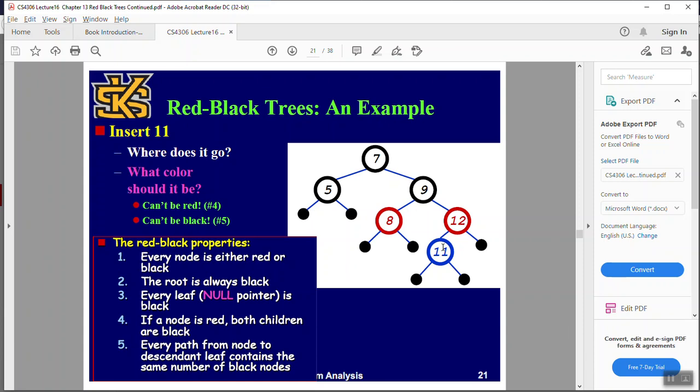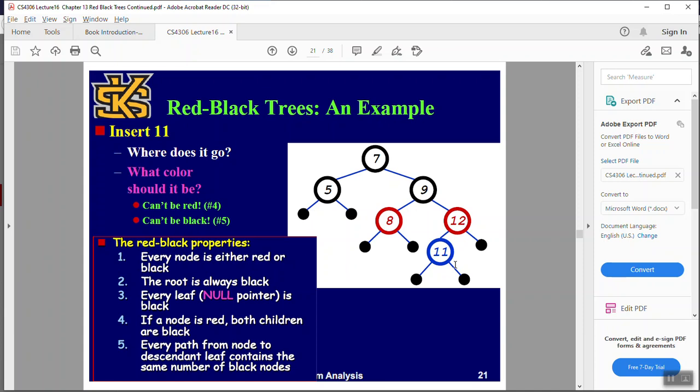Then what will happen? I think it is easy to think that since the parent is red, its child should be black, so let us make it black.